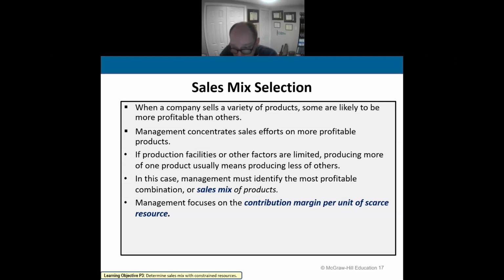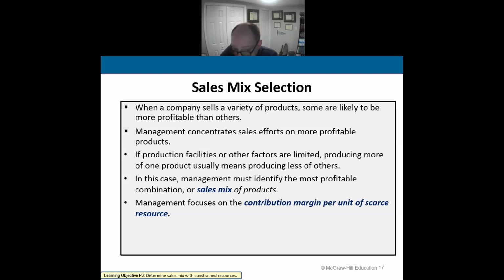Now here's the thing. Let's say we make cars and we sell cars, okay? If I focus my attention on making cars that are more profitable rather than the base model ones, I'm going to end up limiting the amount of production for the base model. When management does that, we're identifying the most profitable combination of cars.